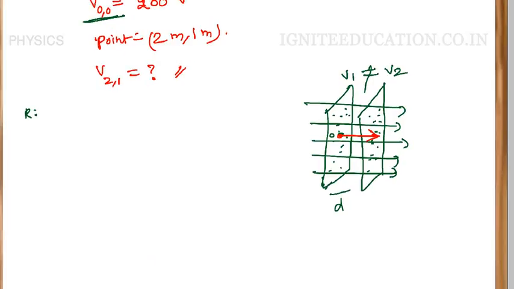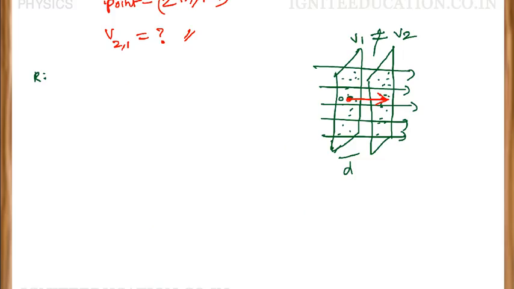According to the definition, the electric potential difference is the work done to move a charge from one point to another point. So can I consider V1 minus V2 is equal to E bar dot product D bar, or R bar? Why? Because E is a vector and D is a vector, and the dot product of those two gives a scalar, where the potential is also a scalar.